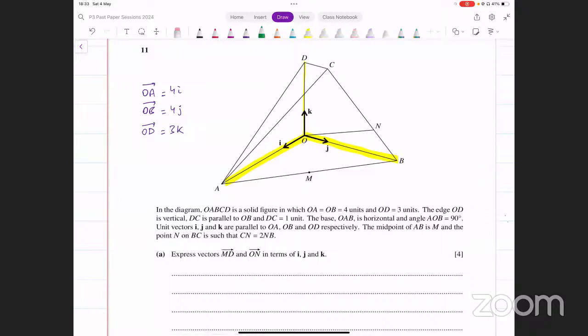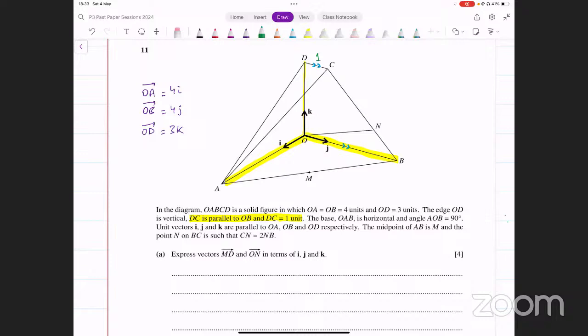DC is parallel to OB. All right, now that looks slightly complicated. DC is parallel to OB, so that's parallel to this length here. Keep that in mind. And DC is equal to 1 unit.